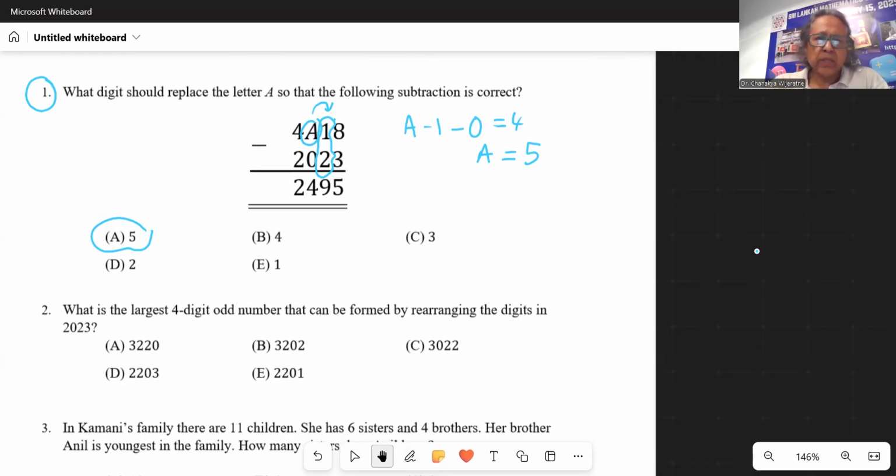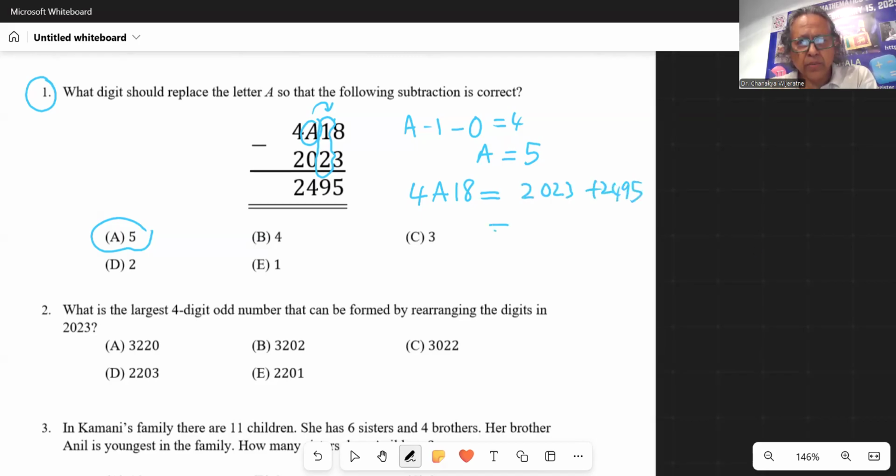We can also turn this subtraction into an addition, right? And find out A. So if we subtract 2023 from that number and it is equal to 495, then that number should be equal to 2023 plus 495.